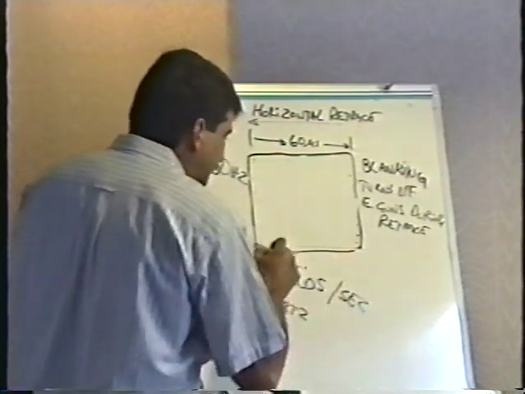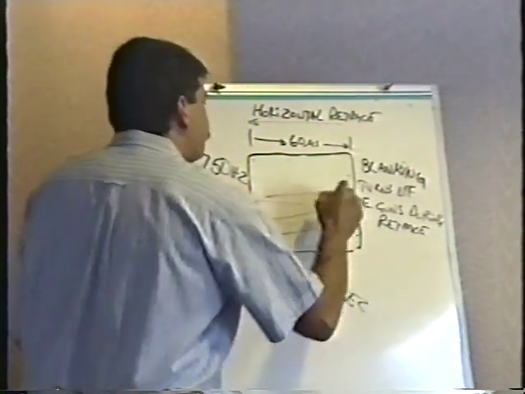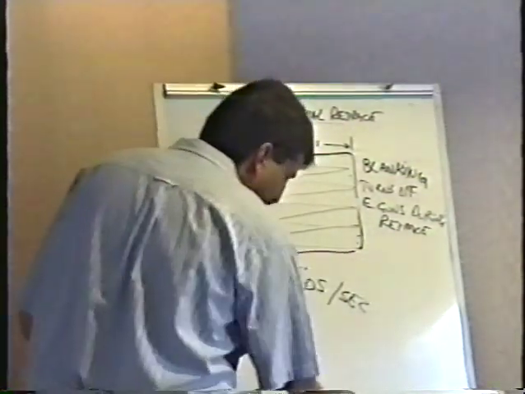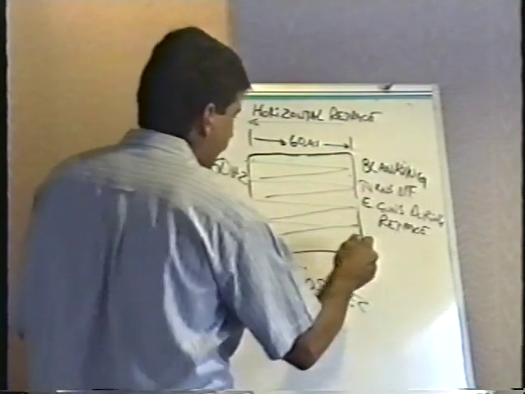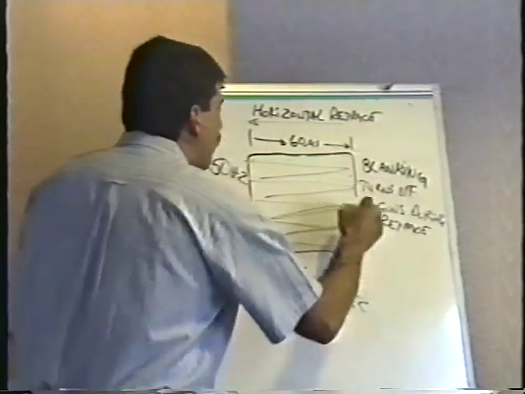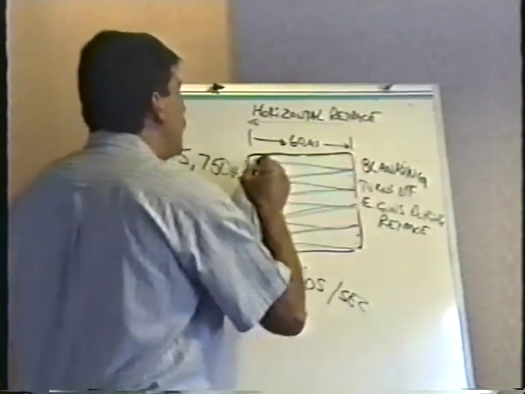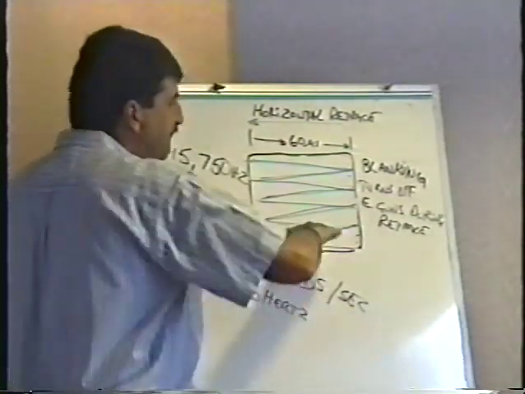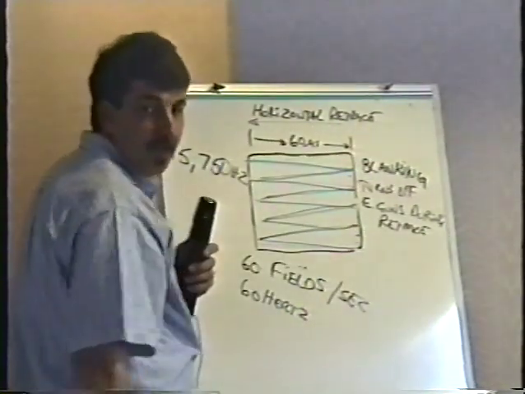And what really happens is this. By the time that slowpoke vertical section gets the beam from the bottom of the screen back up to the top, it's actually zigzagged its way back a few times.